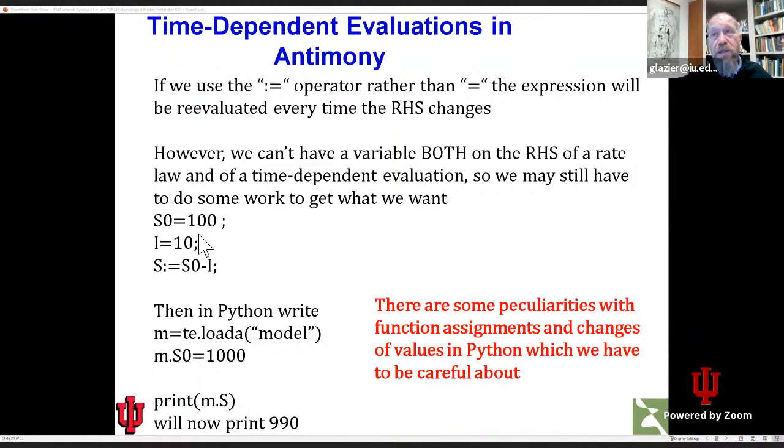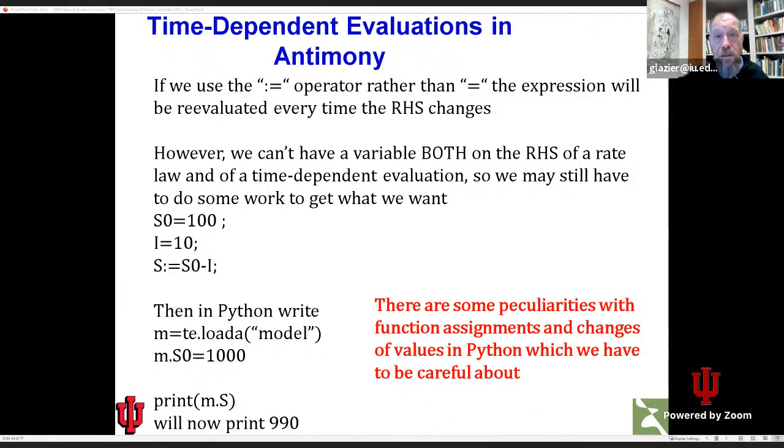And so if I say S0 equals 100, I equals 10, S colon equals S0 minus I, then if I overwrite the value of S0 with 1,000 and I print the value of S, I'll get 990.